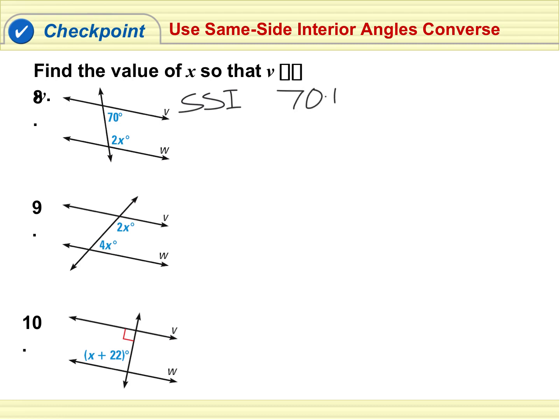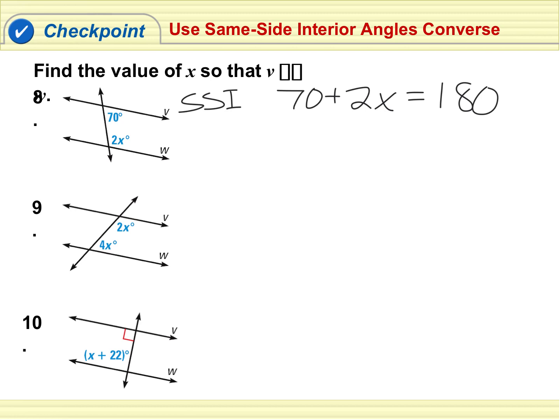Yep, both of the ways you said that. 70 plus 2x equals 180. Add them all up. Set them equal to 180. Oh, wait, I was looking at all three at once. Every other time, if it's alternate exterior, alternate interior, corresponding, any of those, how do we set those up?